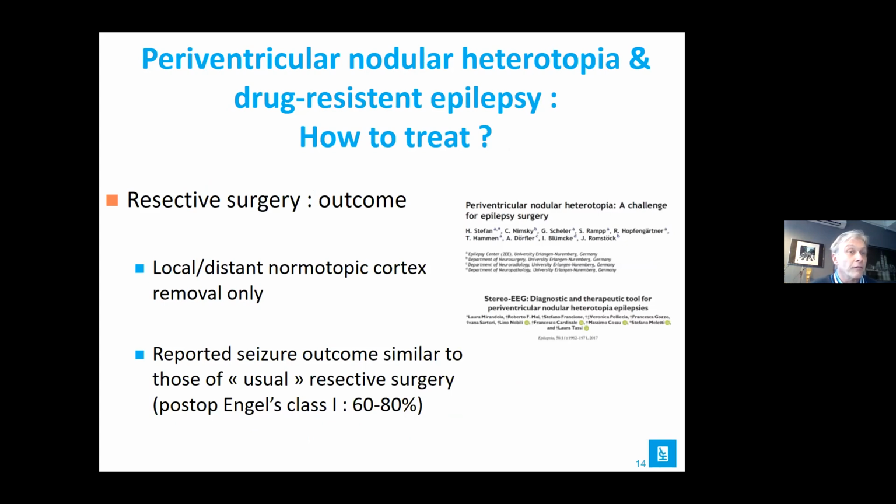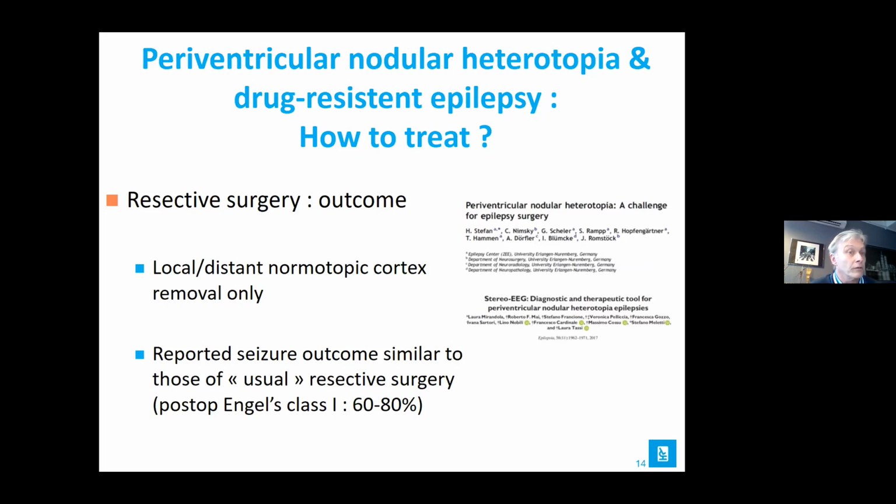What about the outcome which can be expected after such procedures? I'm speaking only about removal of normotopic cortex. Again, not about heterotopia itself. I do not have any experience.